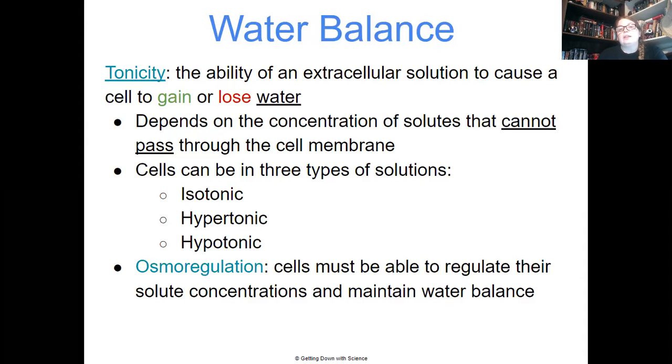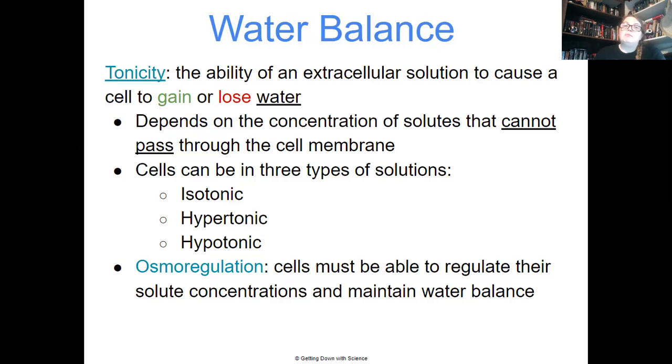So isotonic, like an isosceles triangle, means that it is the same on both sides. In an isosceles triangle, the two sides are the same length. The bottom doesn't have to be the same length, but the two sides will be. So hypertonic, if you're hyperactive, you have too much energy.